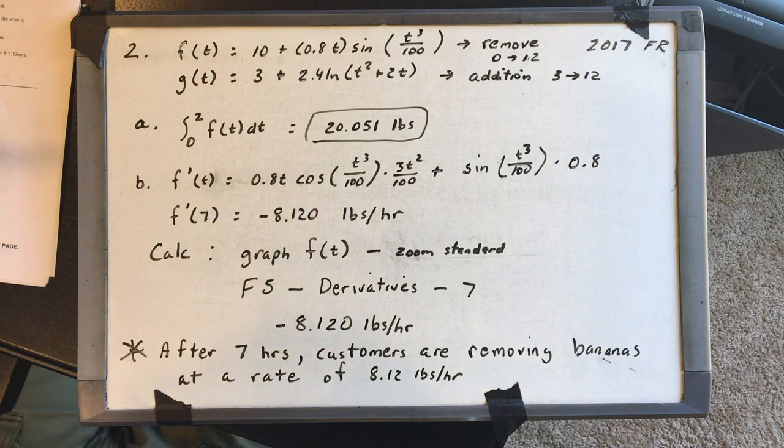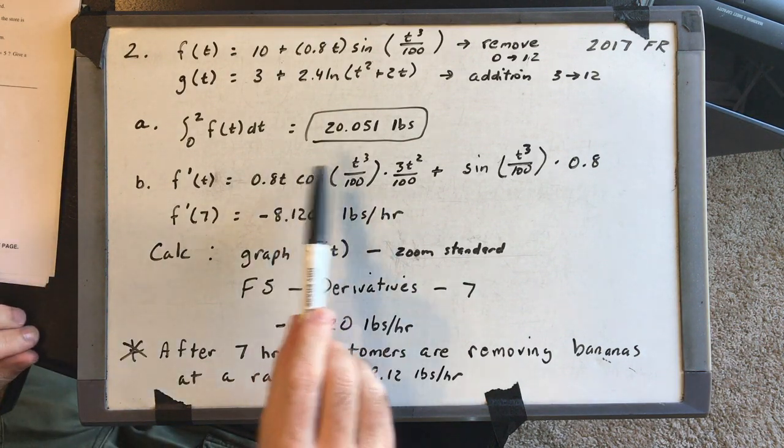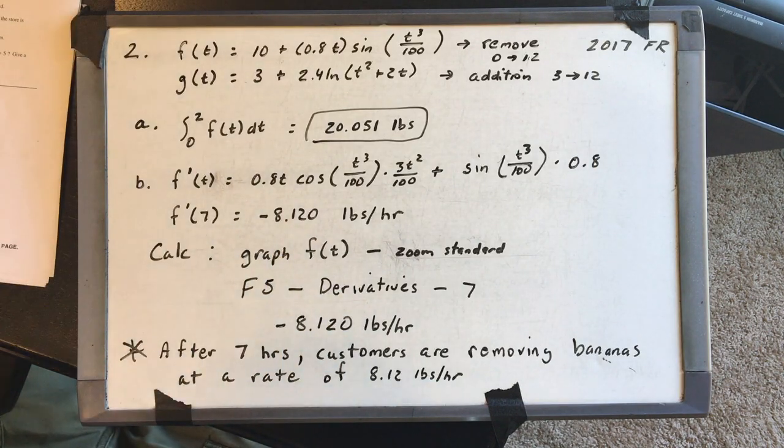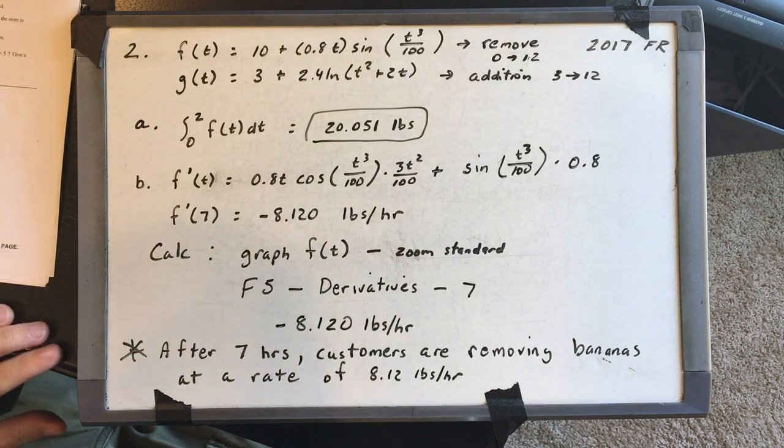Okay, so I do think it's faster to graph that than to take the derivative and then try to plug 7 in. Okay, pause the video if you need to, and we'll hit parts C and D.